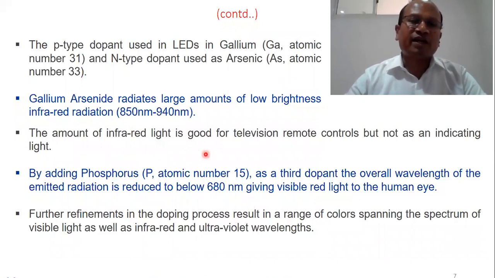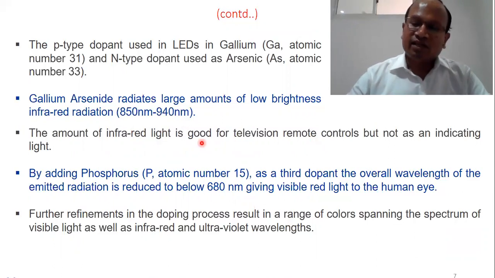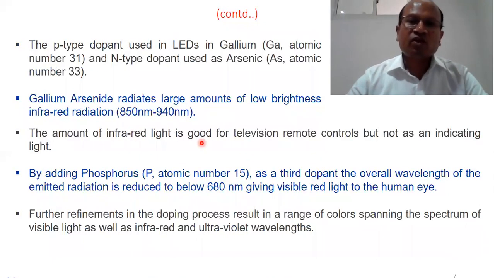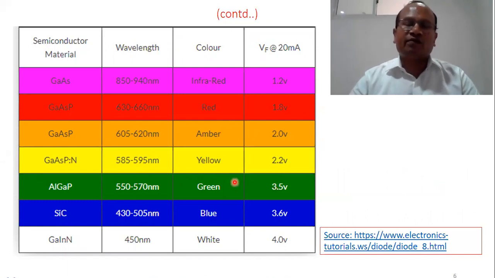The infrared light is good for television remote control, but not as an indicating light. If you want an indicating light, you will need a red color, green color, something like that. When you want a pointer that must generate an indicating light, it will be green, red, or blue, not infrared.